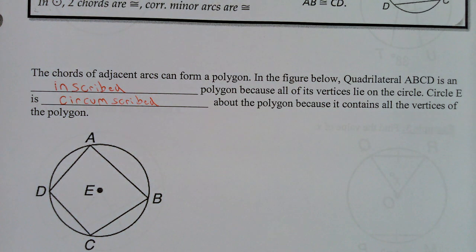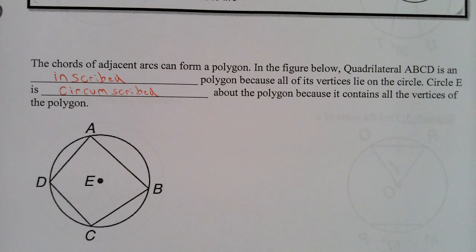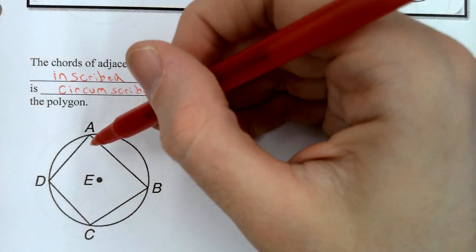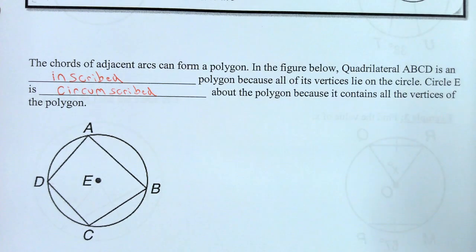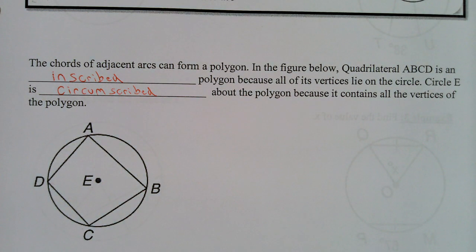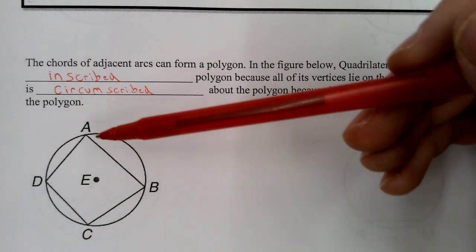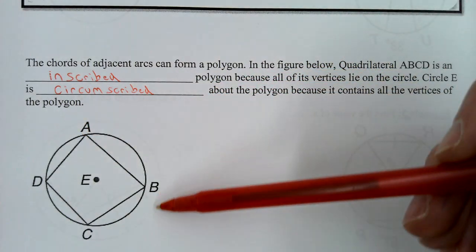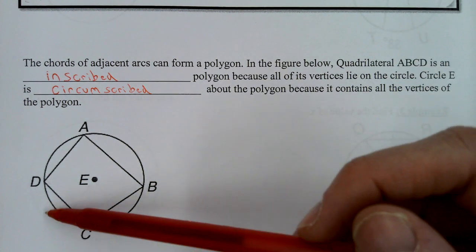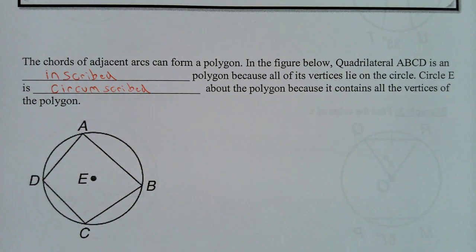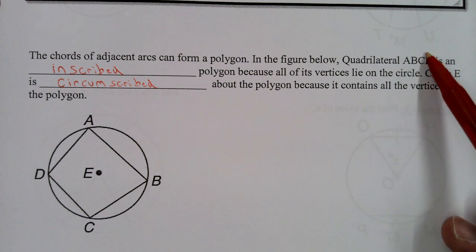So all of quadrilateral ABCD's vertices lie on the circle, so it's inscribed in the circle, and the circle is circumscribed about the quadrilateral. That's just some terminology you need to know.